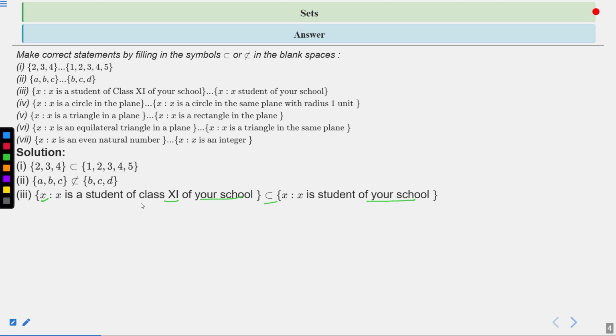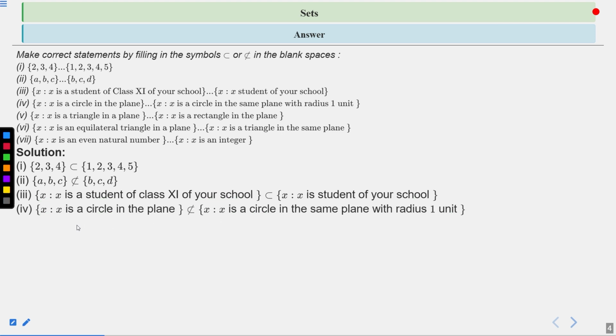So if you pick any student from this set, that student is also going to be a member of this set. Clear? So by definition, we are going to fill in the symbol for subset.